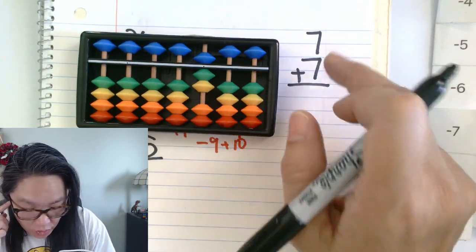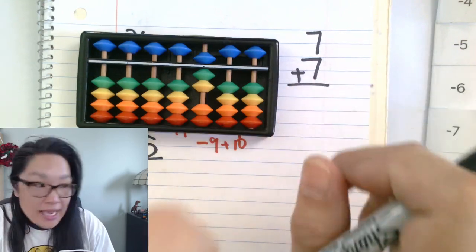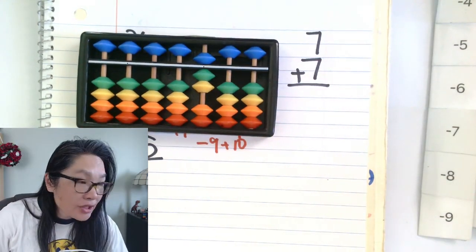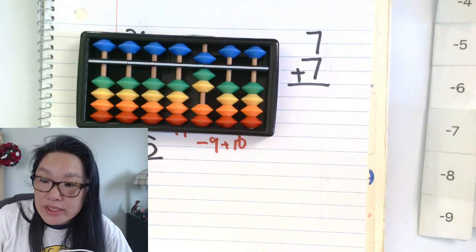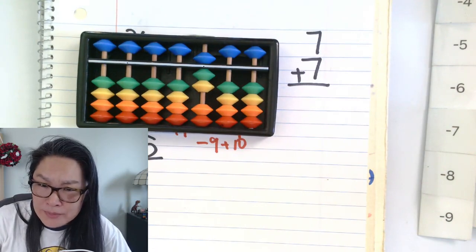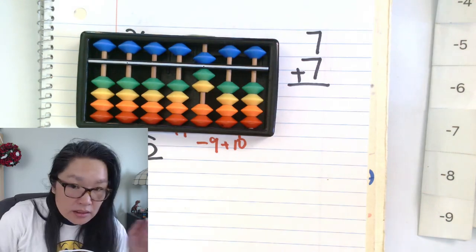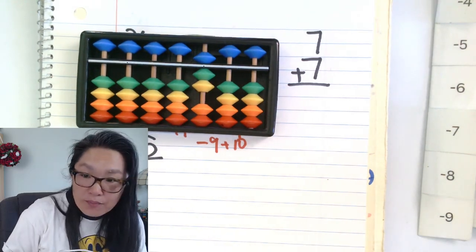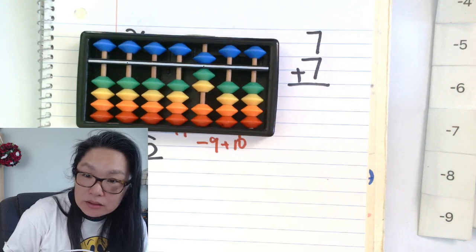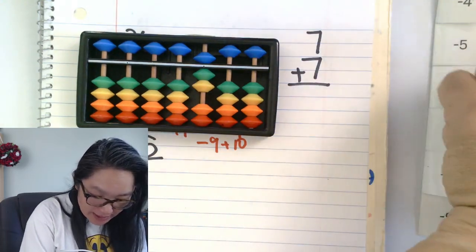We have 7. Notice I need to add another 7. Adding another 7, we can't do it. What can we do? We have to make a 10, right? We have to make a 10. When we make a 10, what are we going to do?